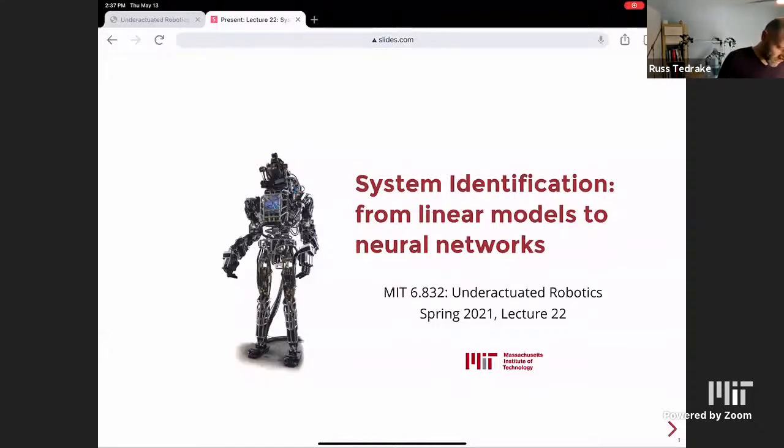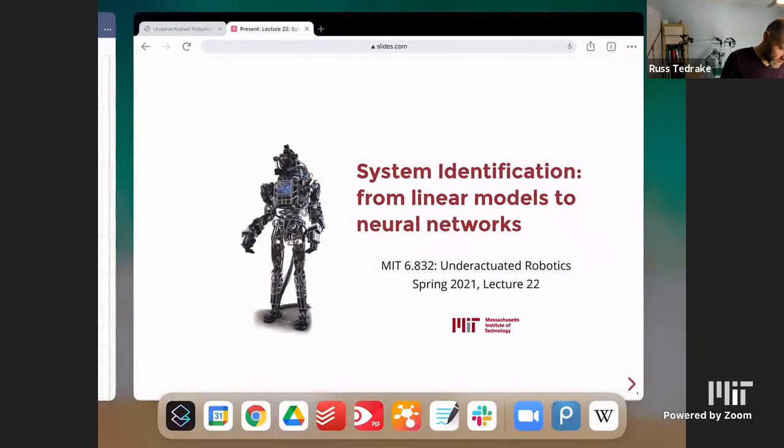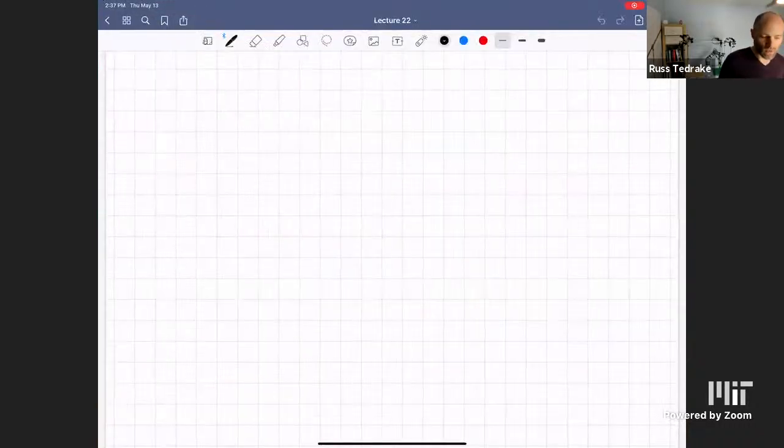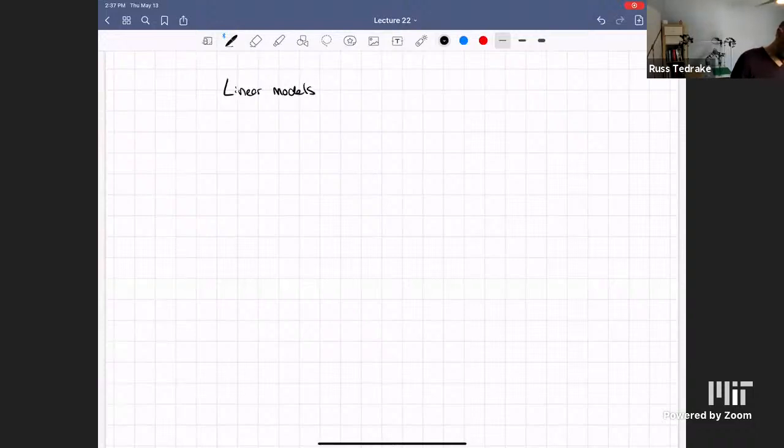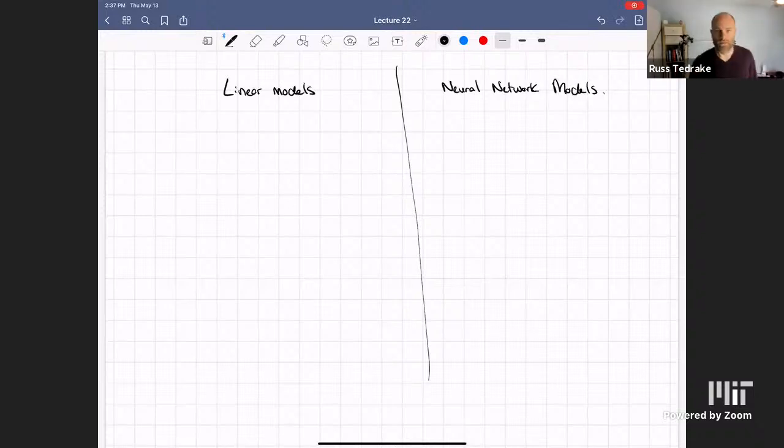So let me draw a quick outline of the biggest message I want to get across today. If I talk about linear models over here, and then neural network models over here, then there's a few key cases that we've talked about.